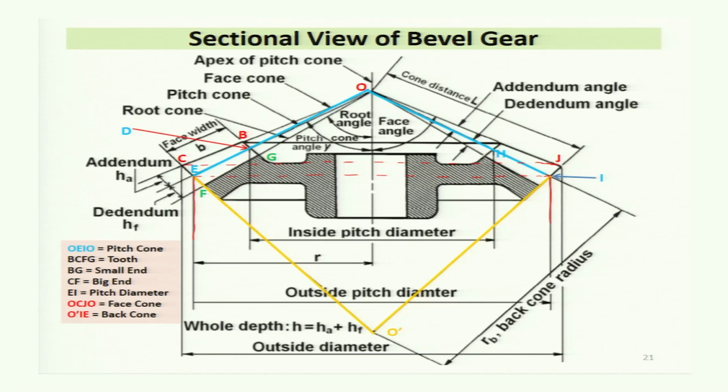Then the distance IO dash or EO dash is called the back cone radius, and the back cone is O dash IEO dash. This back cone is perpendicular to the pitch cone element OEIO. OEIO is the pitch cone, and EIO dash E is the back cone.